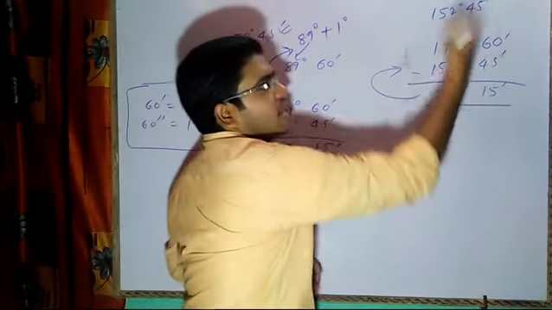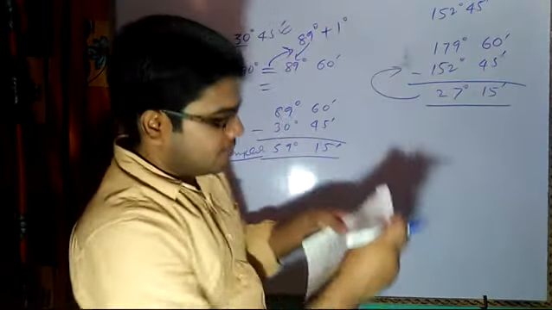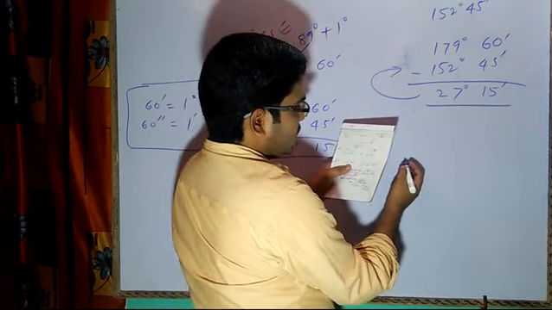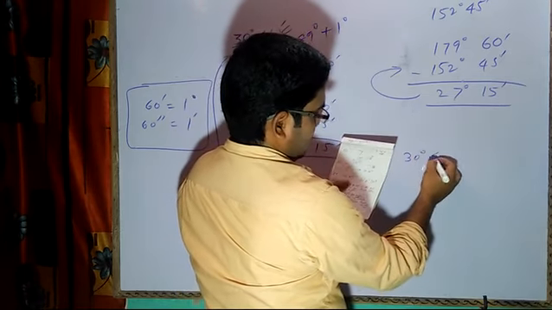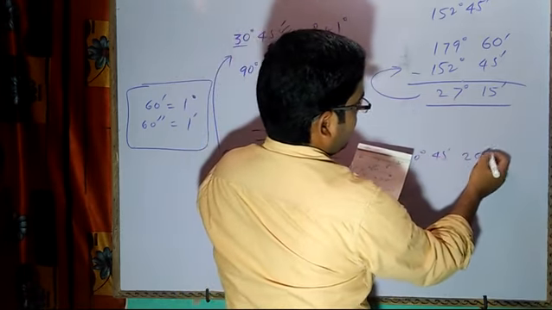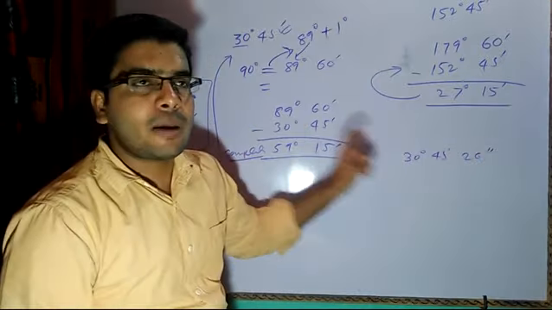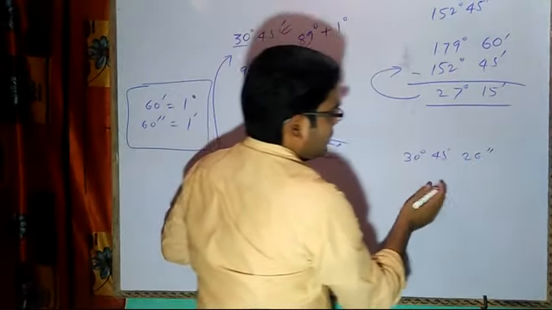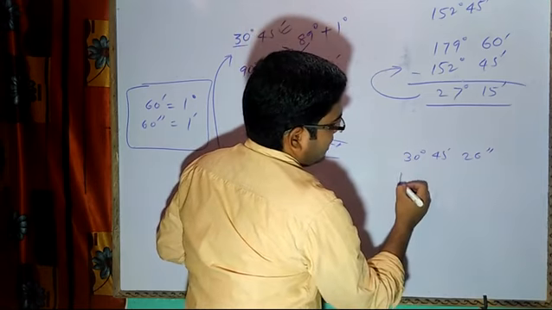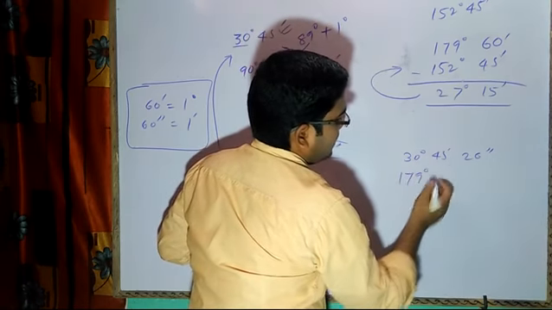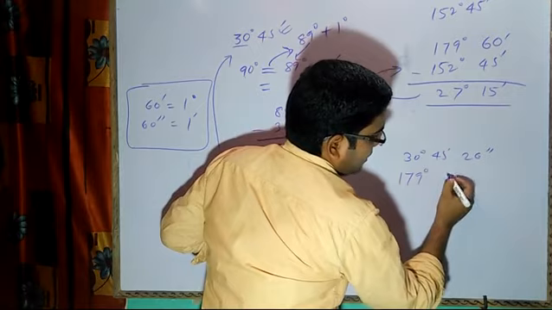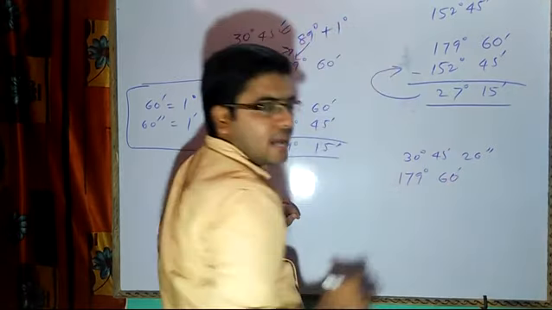In the same way, if I have a second also, then how will we subtract? Suppose I have to find the supplement of 30 degree, 45 minute, 26 second. So for the supplement, what can I write? I can write it as 179 degree, 60 minute, right? That means 180.